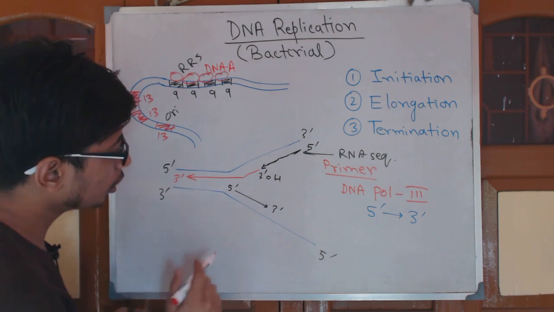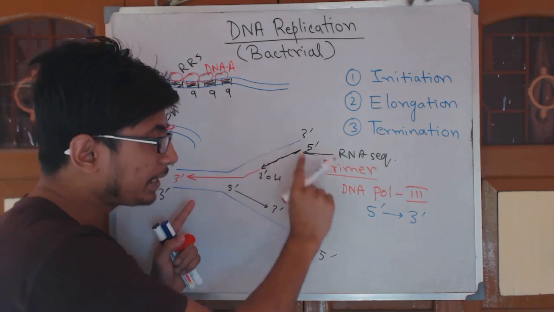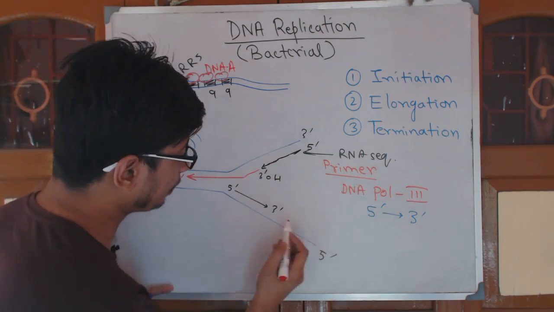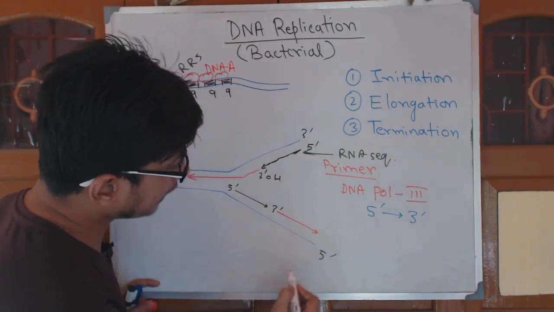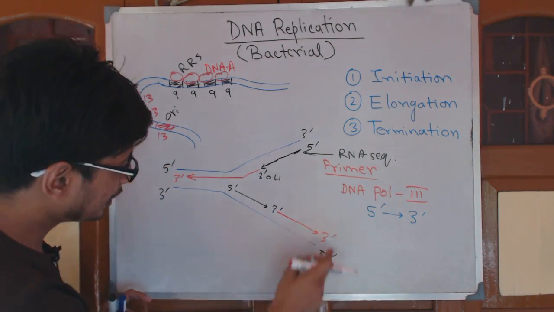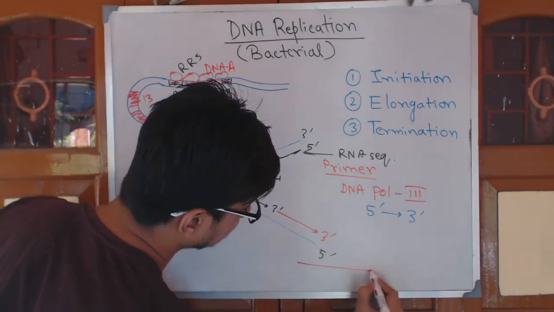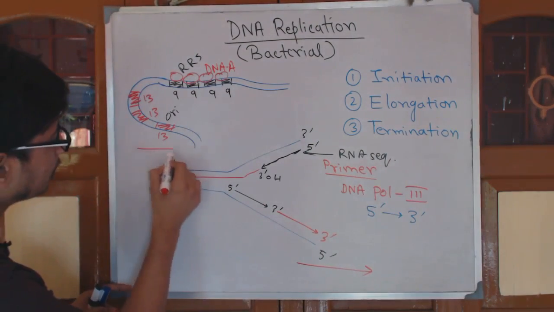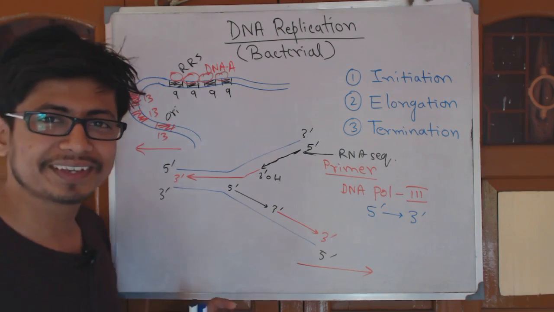So to keep the replication going from 5' to 3', the polymerase needs to elongate in this direction. So on this bottom strand, the polymerase should move in this direction, and on the top strand, the polymerase should move in this direction.